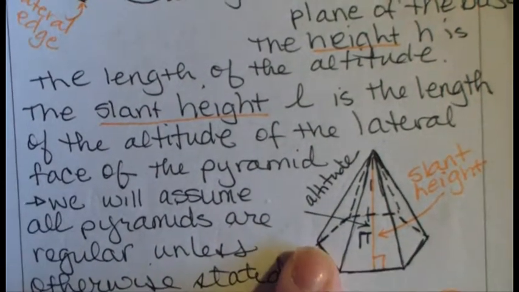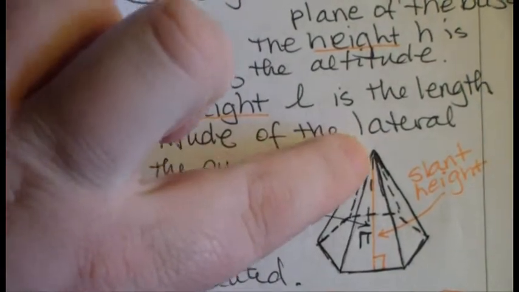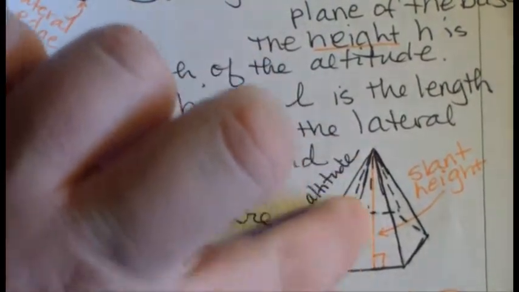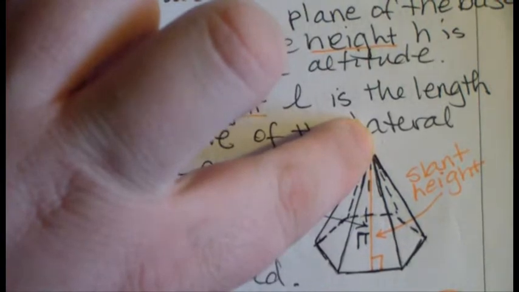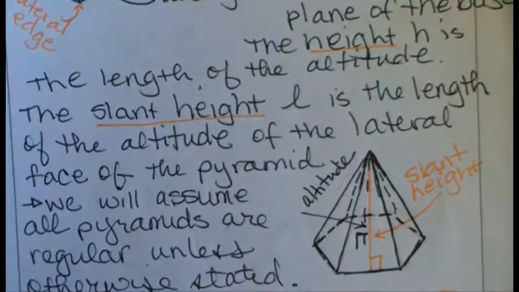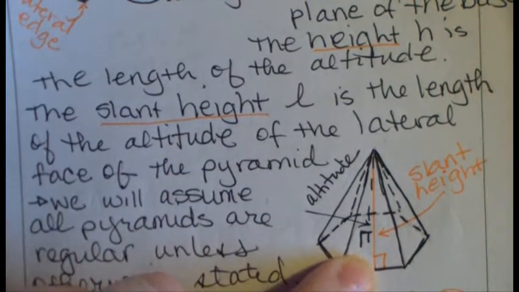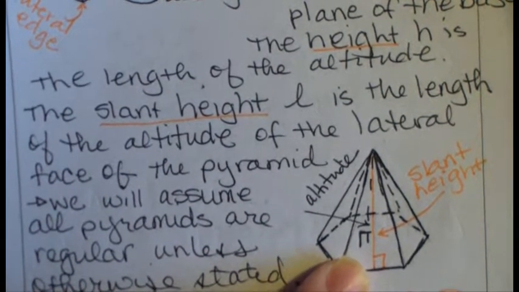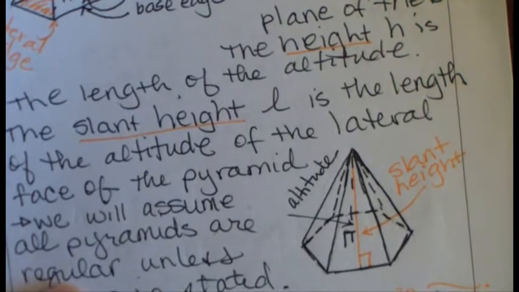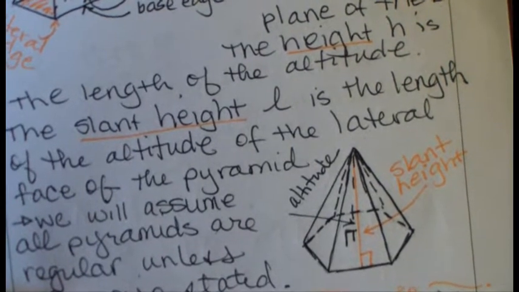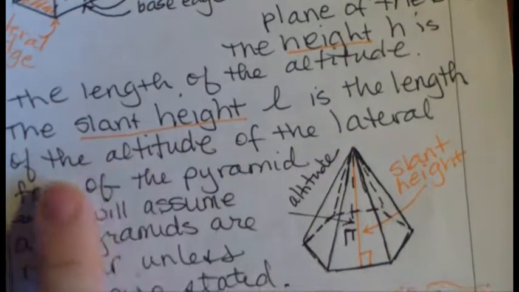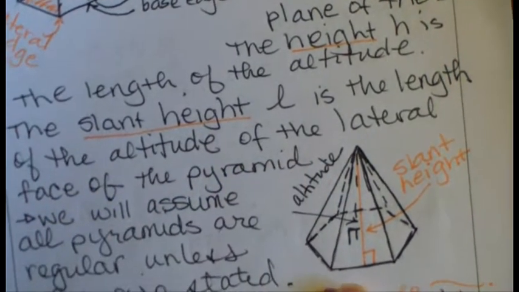My base is a hexagon, and if we drew an altitude on the face of our figure, on the triangle part, then that is our slant height. We're going to assume that the slant height is the length of the altitude of the lateral face of the pyramid.